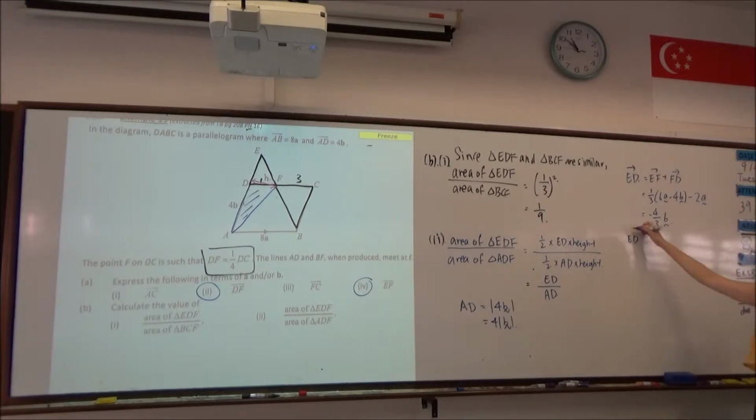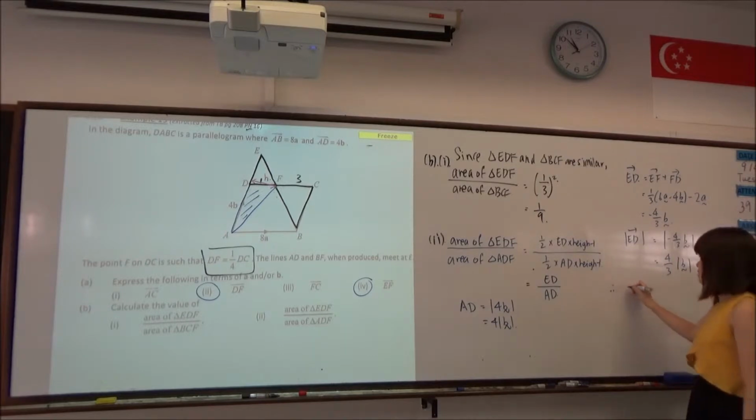You can either write this or you can write this. Okay? They both mean the same. So if I were to keep to this, that will refer to this. And we have earlier agreed that modulus of negative 4 over 3 is 4 over 3. So ED will have the magnitude 4 over 3 and then modulus vector b.